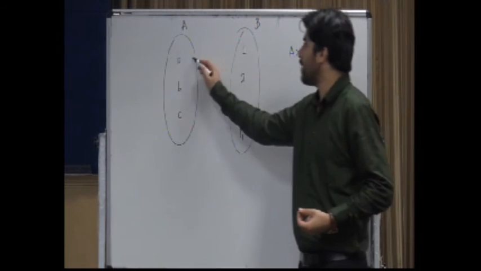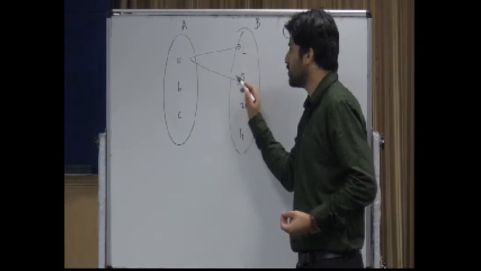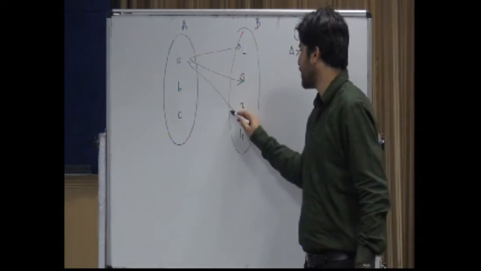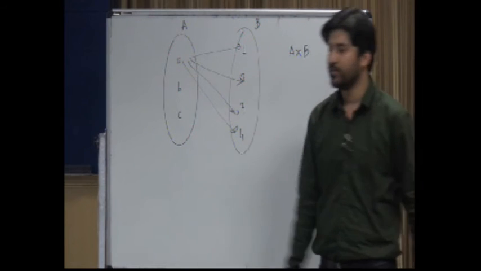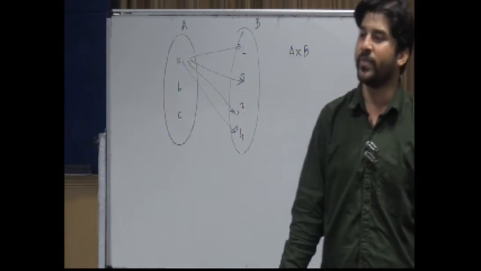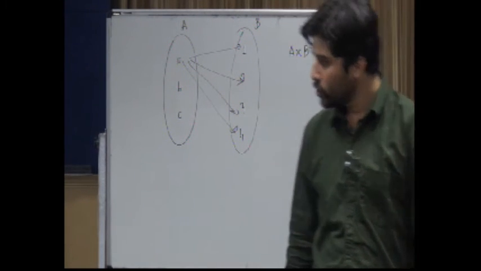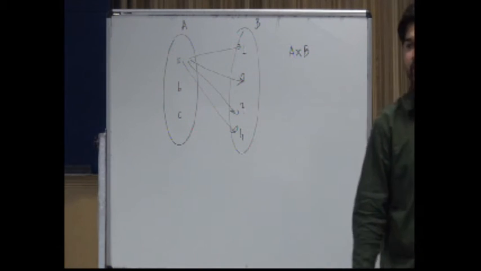So A will be mapped with 1, 2, 3, 4. Likewise, B will be mapped with 1, 2, 3, 4, and C will be mapped with 1, 2, 3, 4.